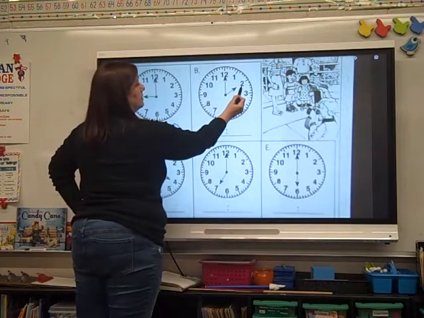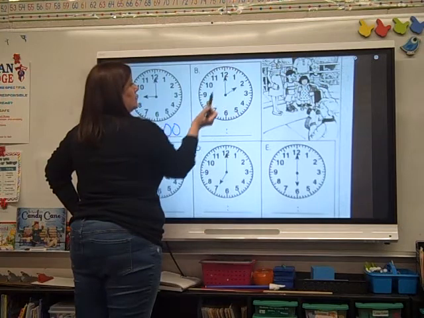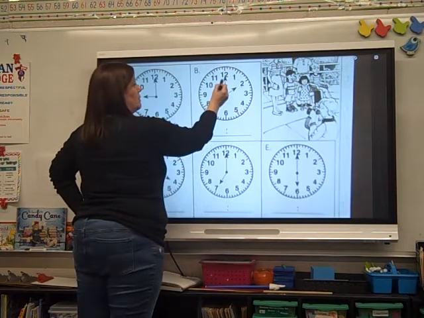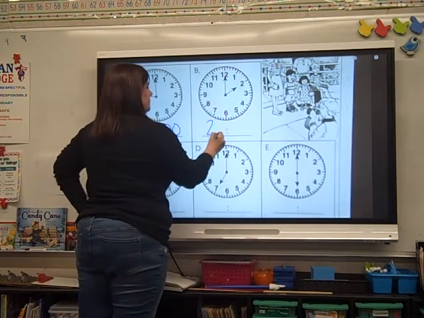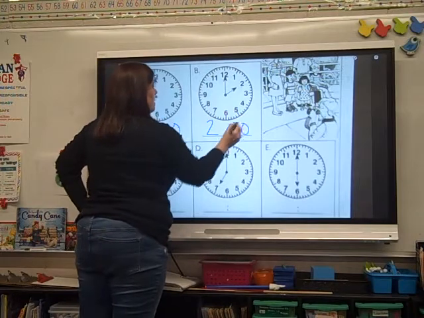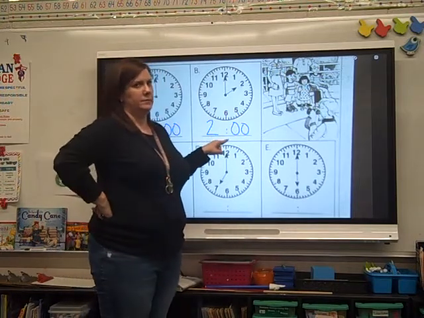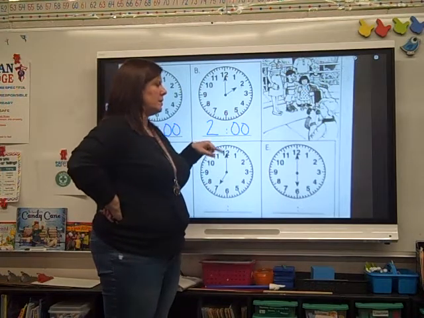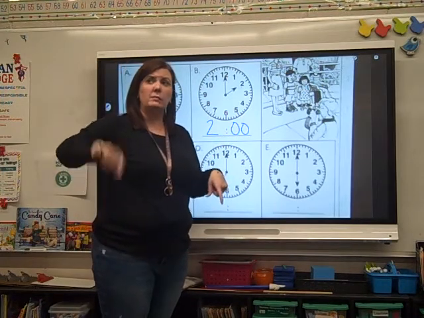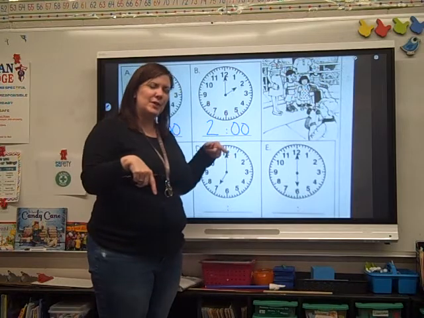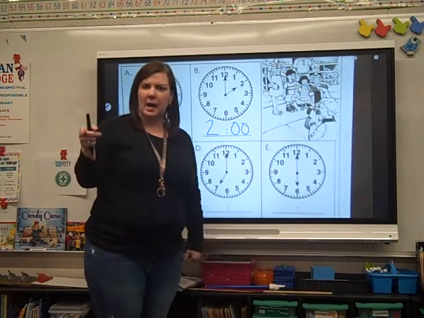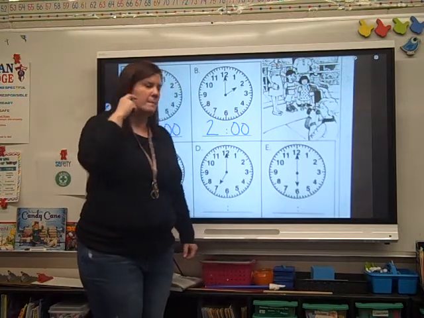Ready? 2 o'clock. All right, let's look. 2 o'clock in the morning, you're still in bed. You're still asleep. Now 2 o'clock in the afternoon, you're at special class, okay?